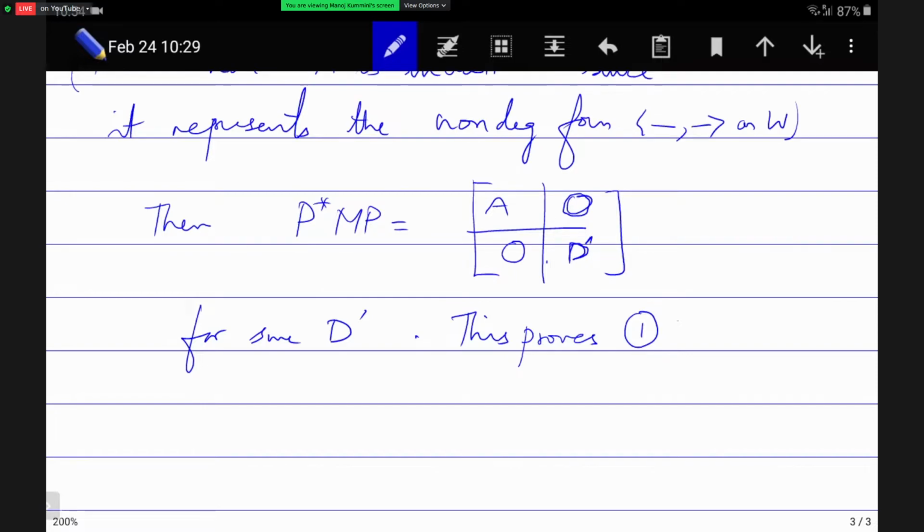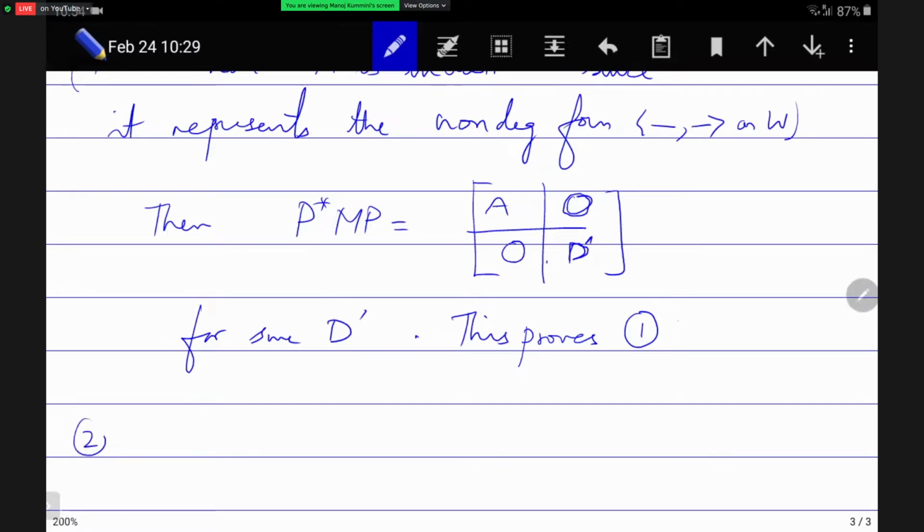Yeah, that is how I had written. This was called part one of the theorem. And this proves part one.